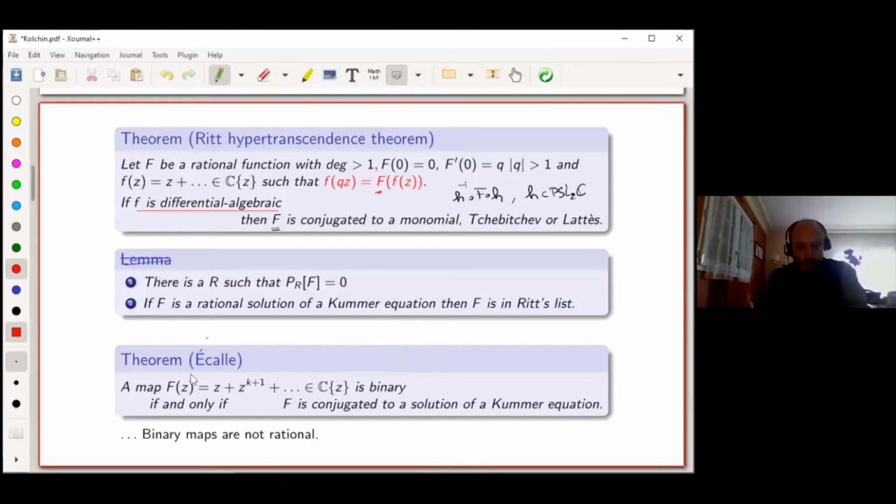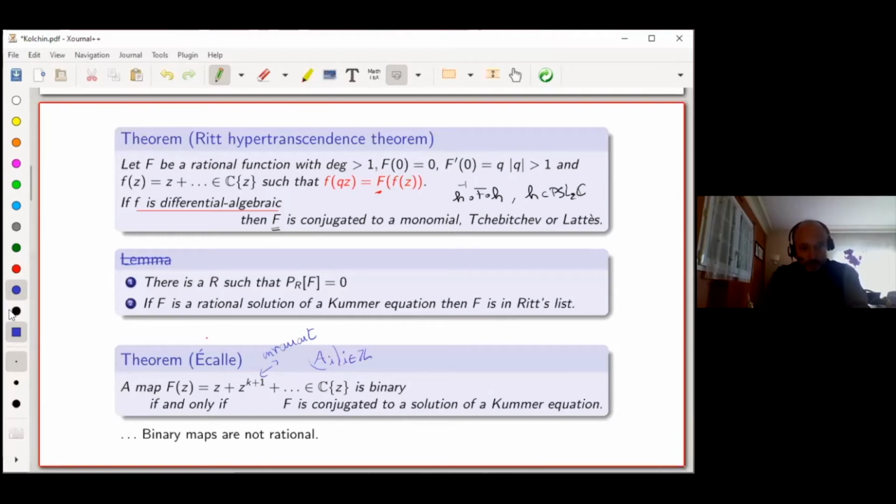If you look now at germs of holomorphic functions having this shape, where the dots are for higher order terms, then Écalle associates to this f some invariants, numbers a_i for i in Z, that characterize its conjugacy class.